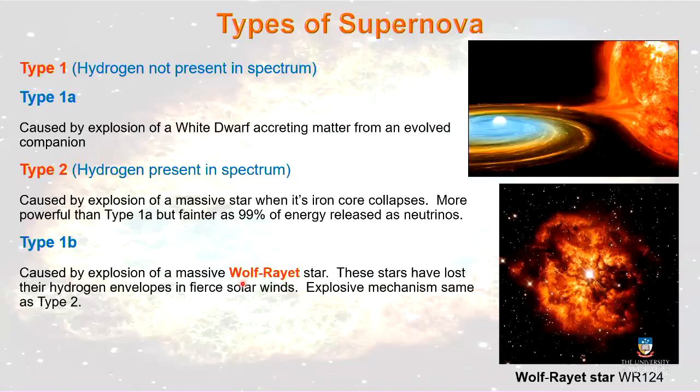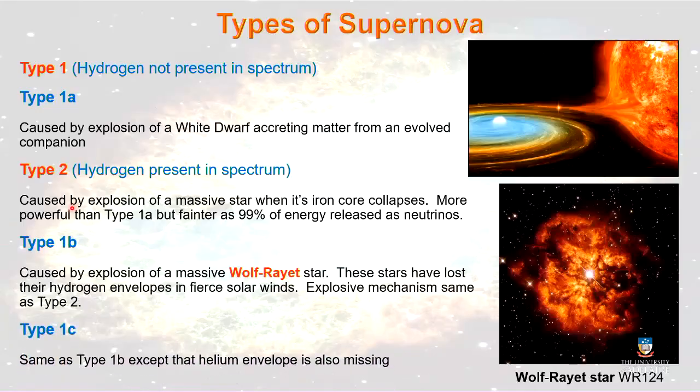The solar wind that they produce actually strips out the whole hydrogen layer off the star and leaves the helium burning core exposed. So when they finally explode, there's no hydrogen there in the spectrum. So that's why it's a type 1b. But the explosive mechanism is the same as a type 2.